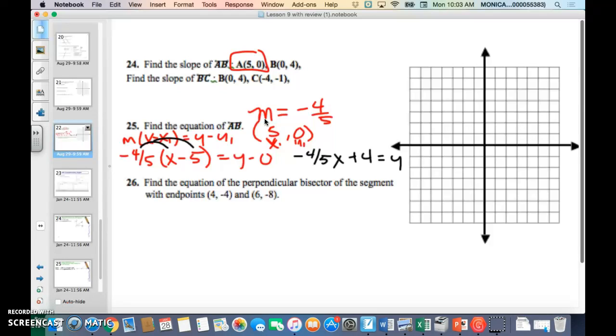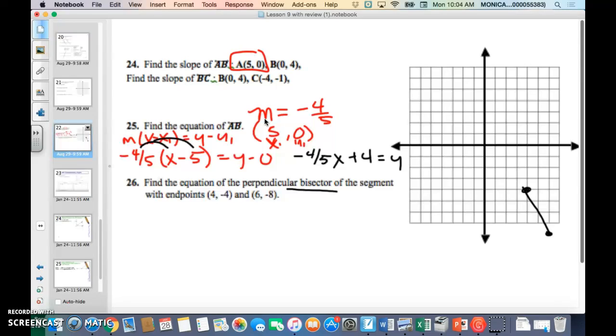And then for number 26, this is what we learned just recently. The last thing we learned: find the perpendicular bisector of the line segment with endpoints 4, negative 4, which is here, and 6, 8. Fortunately, on your test, it will work out.